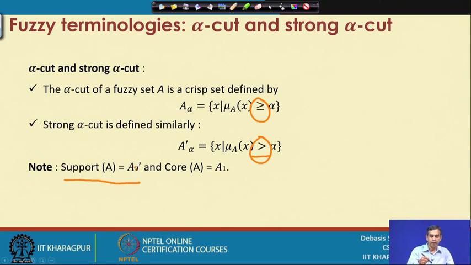Similarly, core A is the same as A 1, from the previous discussion. So core A is basically the alpha cut where alpha equals 1.